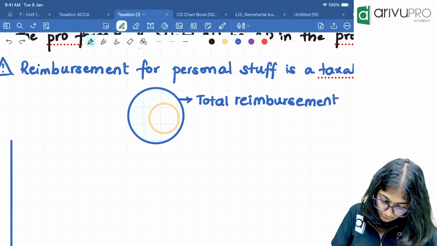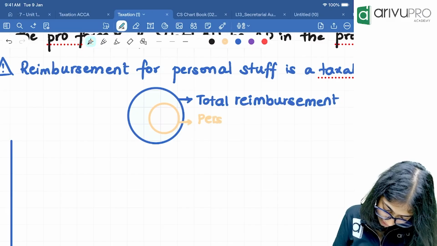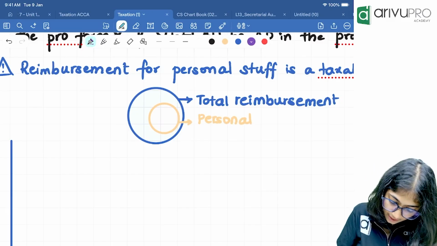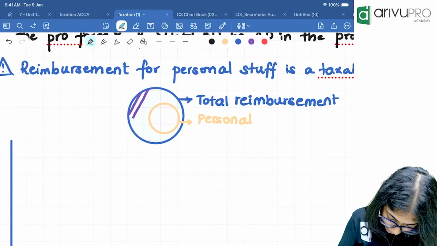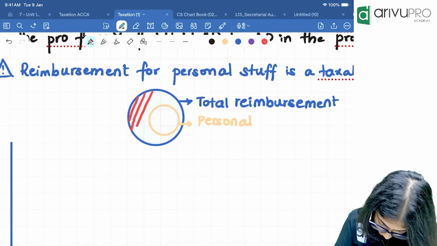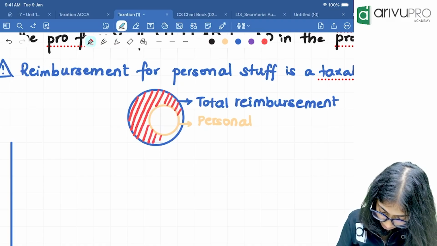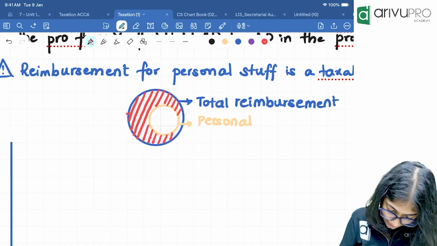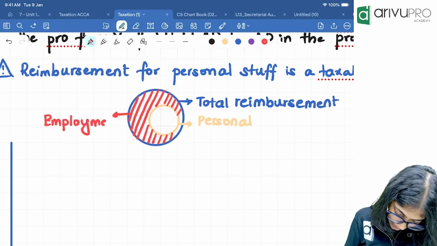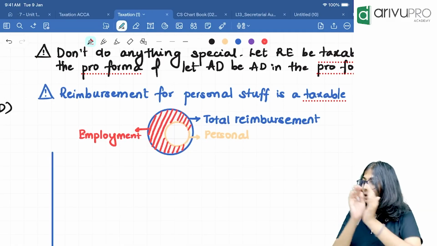This is the element of that reimbursement which is personal, related to personal stuff, not employment stuff. The rest of the reimbursement, let's use red so you can see it, is for employment related stuff. Out of the total reimbursement, part of it is personal, part of it is employment.